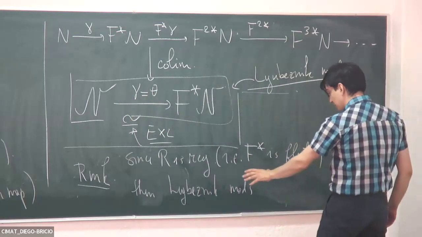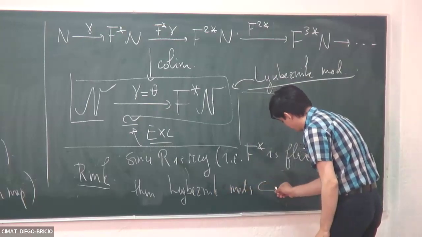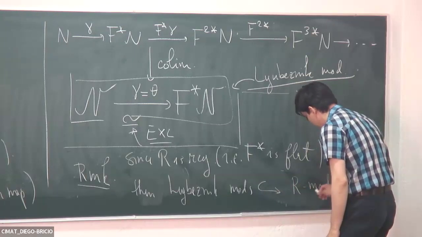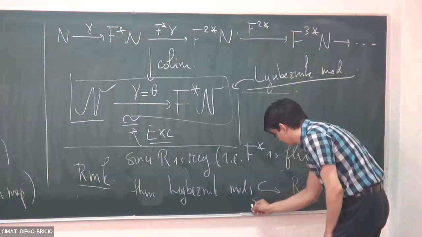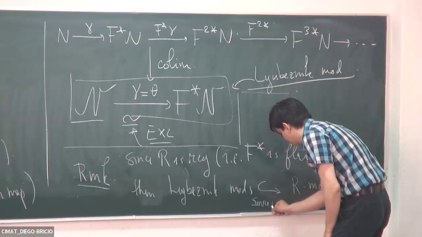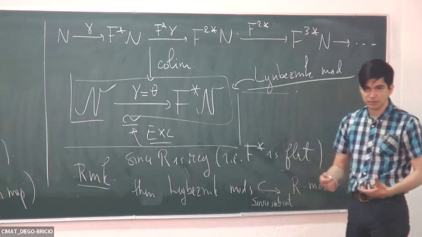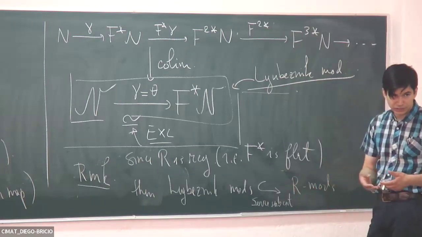So the point is, like, they would form a category inside the category of R modules. This is the point, and this is going to be a full subcategory. What does that mean? It is going to become a full subcategory that is closed under extensions.